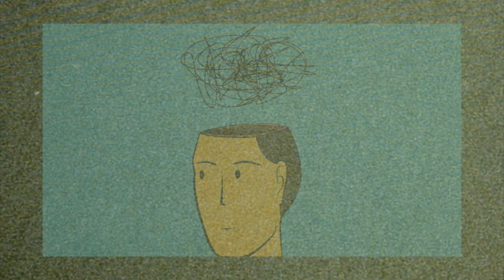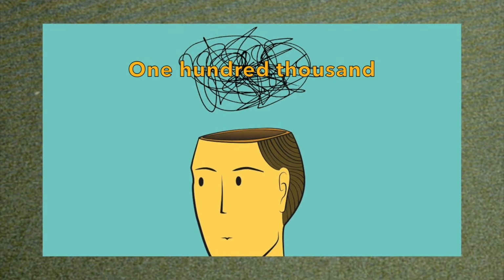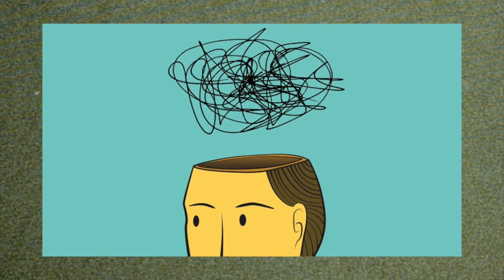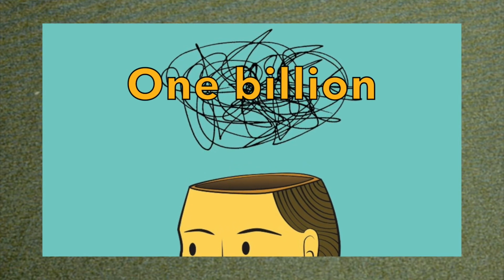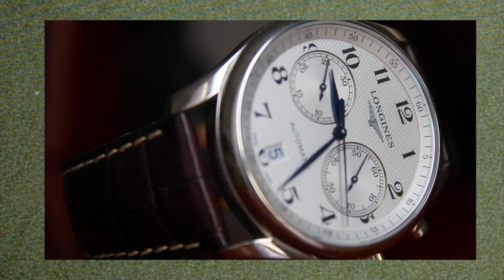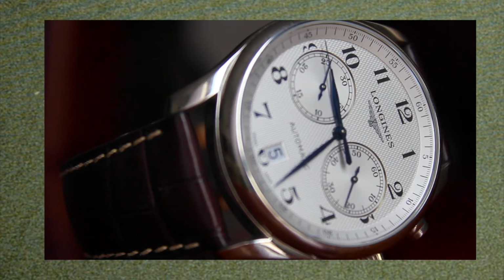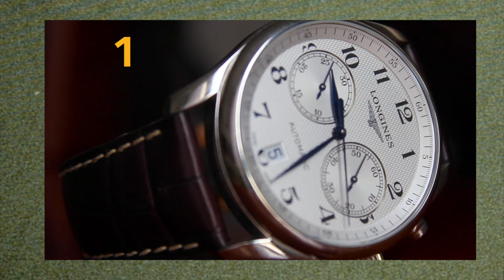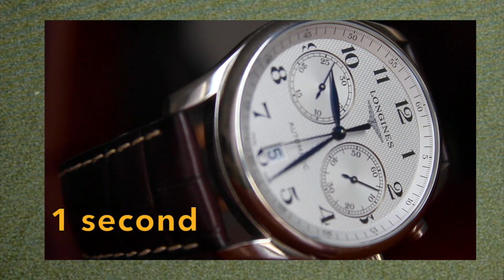So these numbers are really hard to imagine as they get bigger. So let's try and get a way of thinking about how big these numbers are. Let's think about seconds. If you could count one number for 1 second, how long would it take to count to 1? 1 second, that's easy.